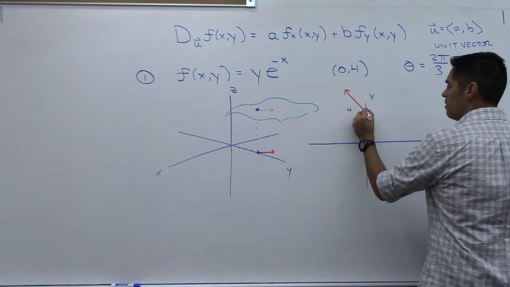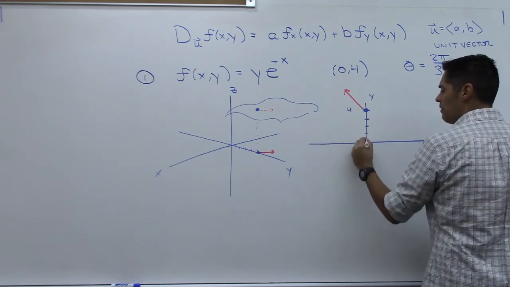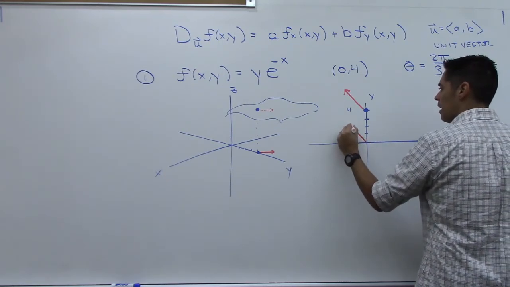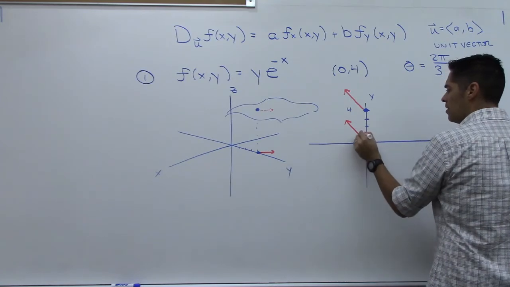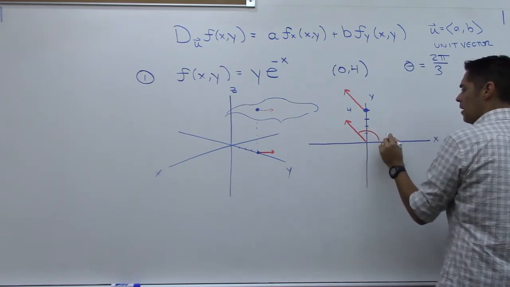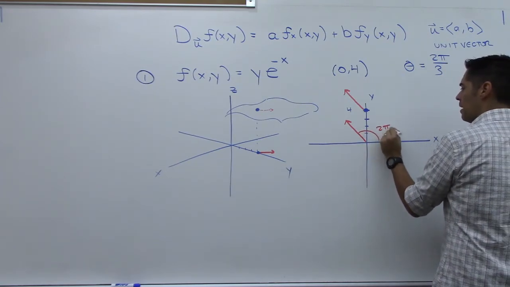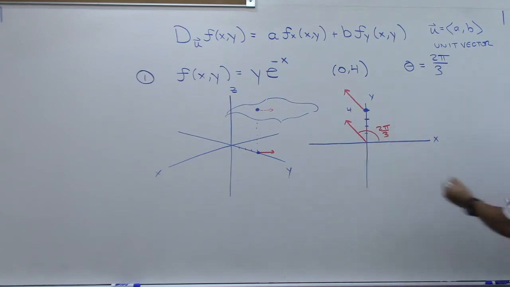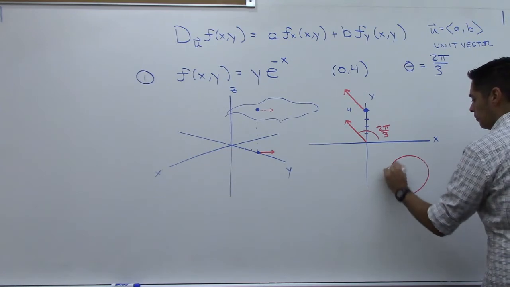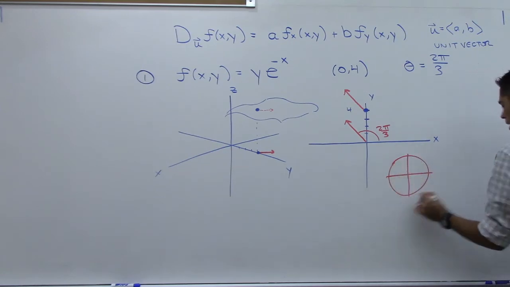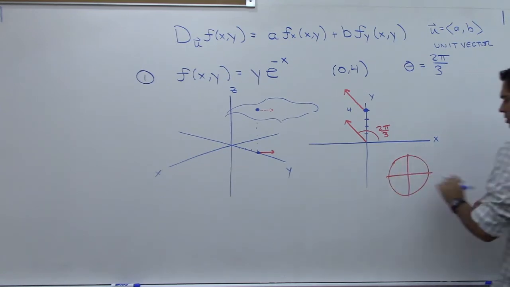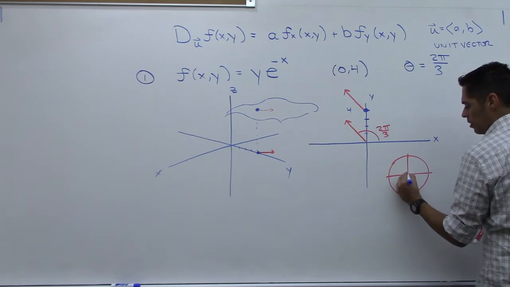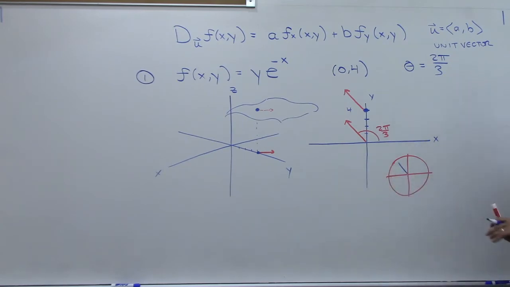So let's imagine we move that vector down like this, because it's a vector, we can. We know that this angle here is 2 pi over 3. And so if we were to go back to the unit circle picture and go back to that vector, I guess I should have drawn it in blue.